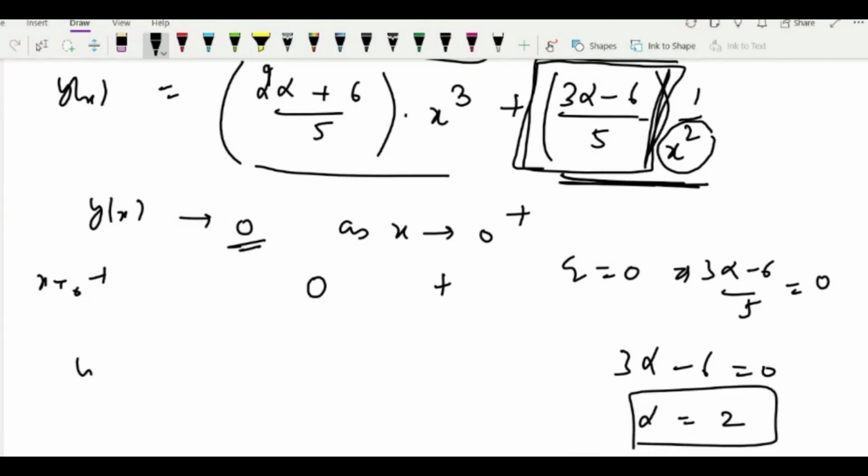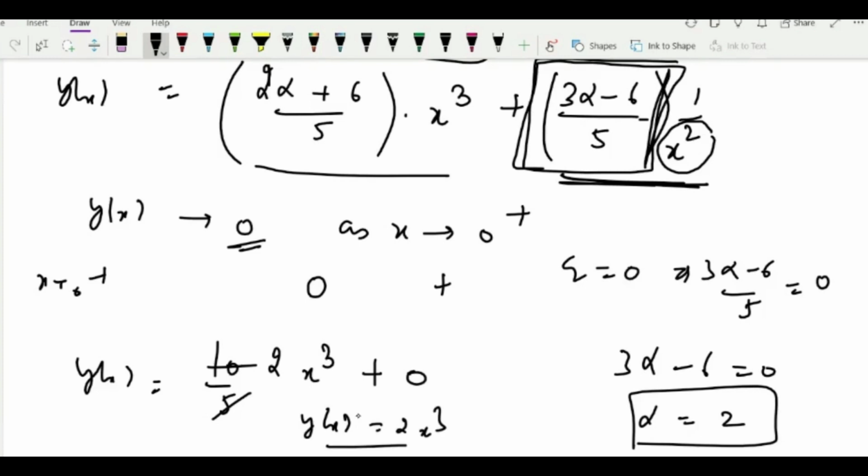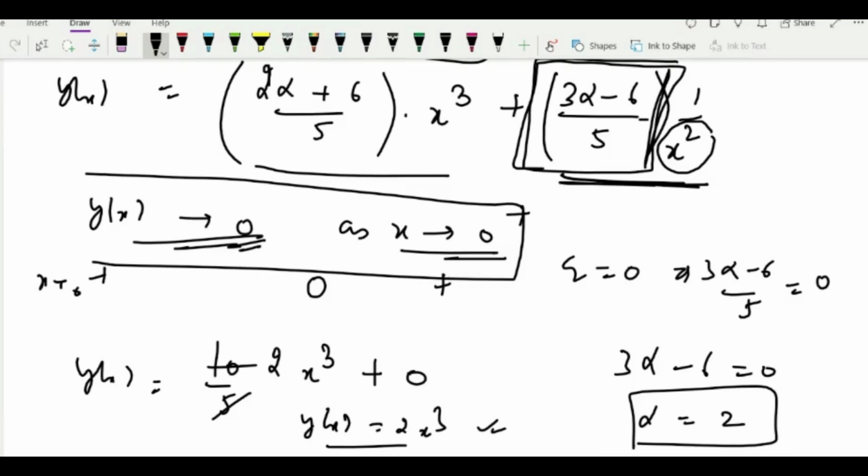You can see from here, when we put alpha is equal to 2, our solution becomes 10 upon 5, which is 2x cube plus 0. Now, when x tends to 0, our solution also approaches 0. So for making this condition possible, we have to take c2 equal to 0.